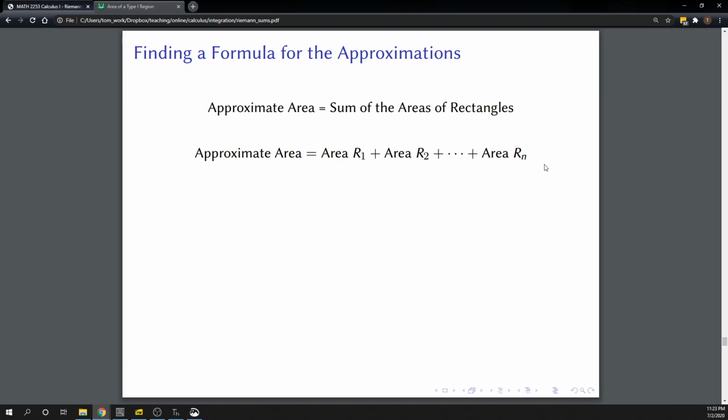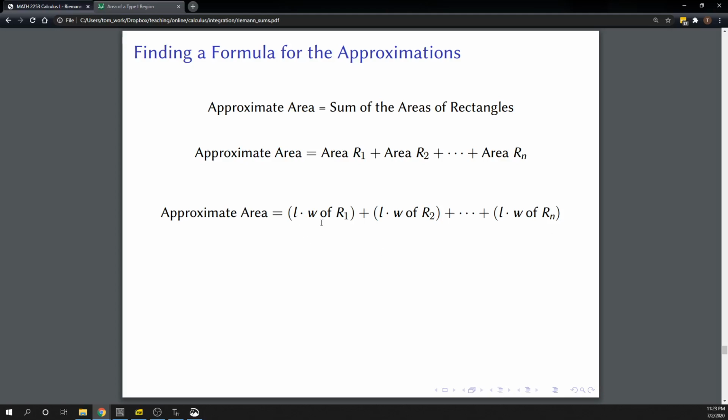In fact, the more rectangles you use and the thinner the rectangles become, the better approximation you're going to get, roughly. For areas of rectangles, we know there is a very simple formula: length times width. So this would become the length times width of rectangle 1 plus the length times width of rectangle 2, and so on and so forth.